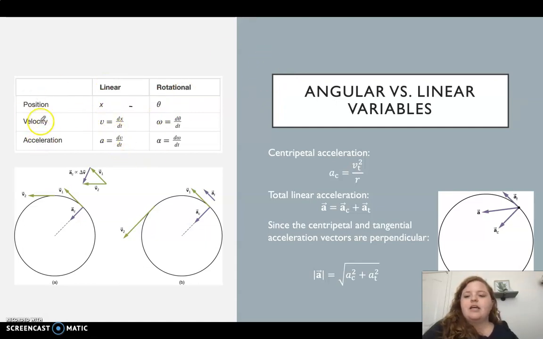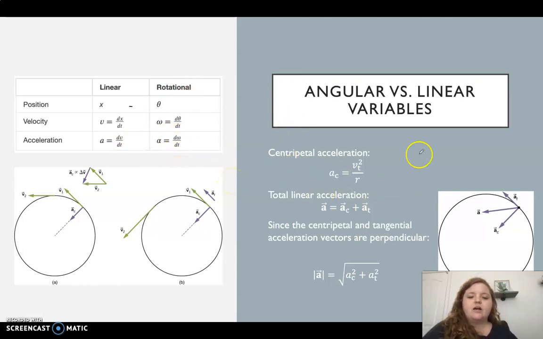For velocity we have dx dt, which equals v, but in rotational we have omega, which is equal to d theta dt. And for acceleration, our linear component is a equal to dv dt. With rotational, it's alpha equal to d omega dt.